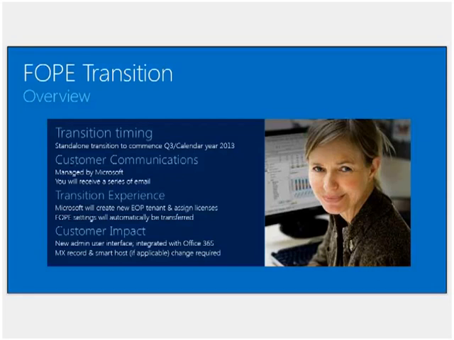It contains information both pre-transition and post-transition, what is going to happen during the transition, and what the exact process will be. There is no manual handoff required, and the entire transition process is automated at the back end. Microsoft will ensure a smooth transition, and we'll create new tenants and assign the licenses appropriately. All your FOPE settings and content will be automatically transferred.